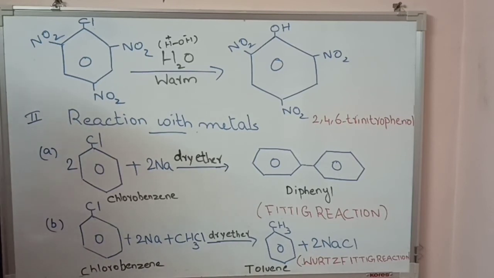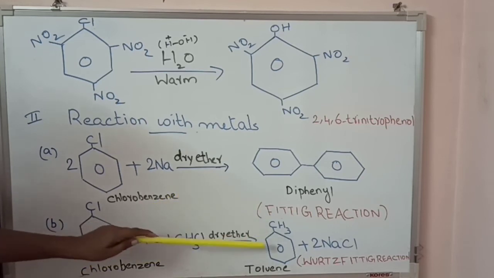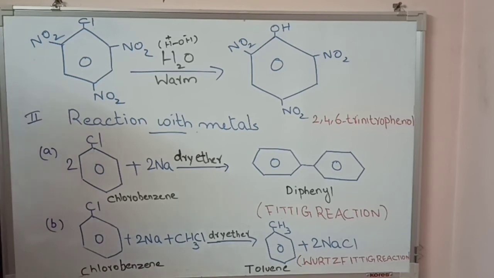That reaction is called Wurtz-Fittig reaction. For example, chlorobenzene on treating with metallic sodium and chloromethane in presence of dry ether, then you will get toluene and the byproduct is 2NaCl.